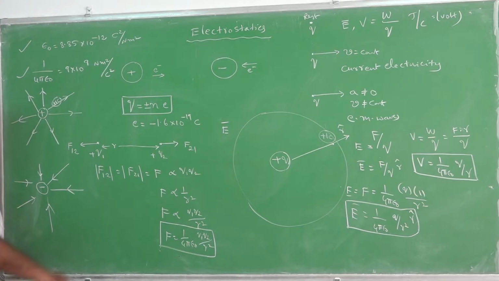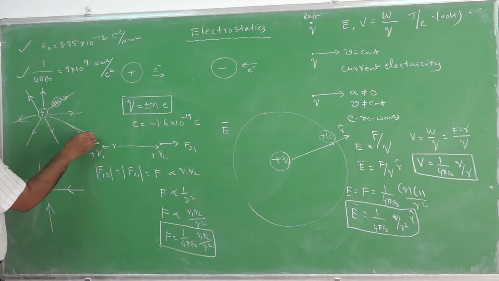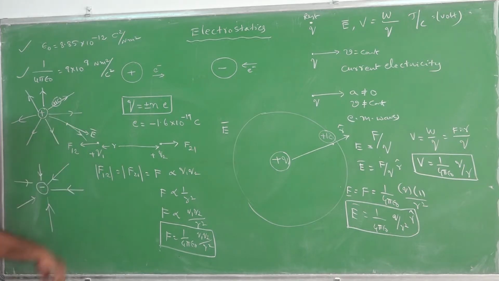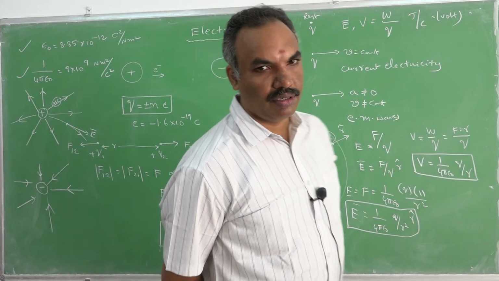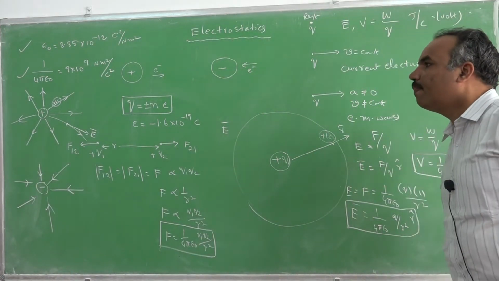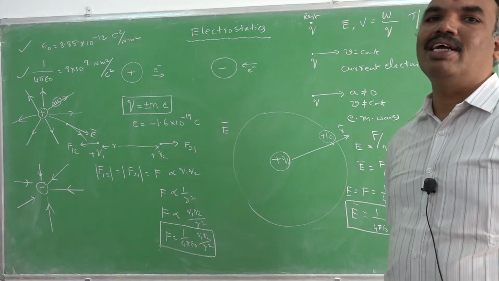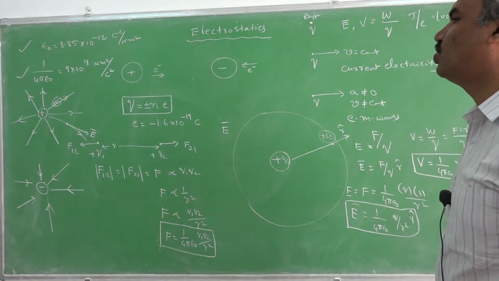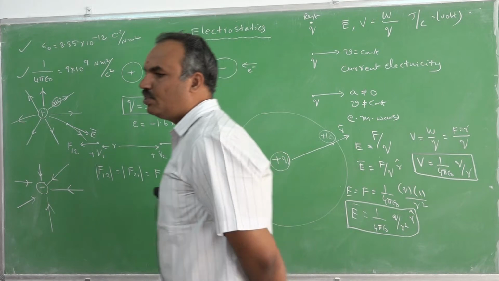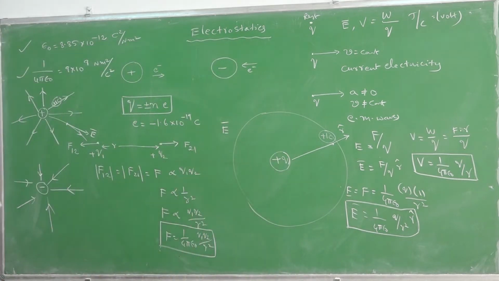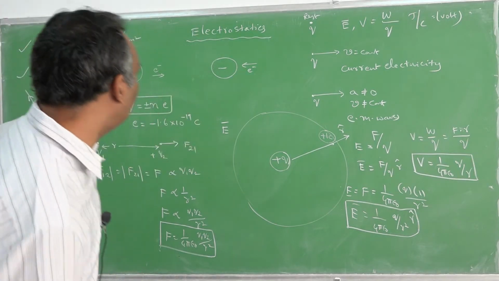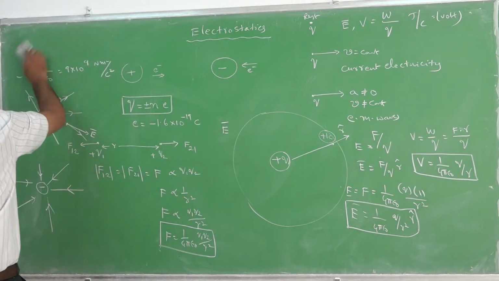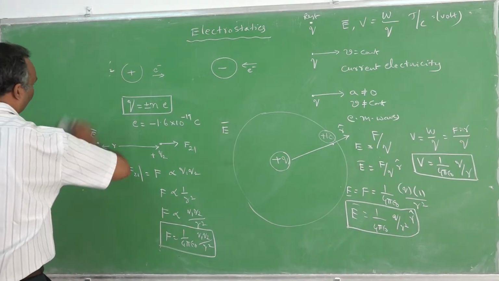Always remember that when a line of force is going like this from a positive charge, the tangent drawn to it at that point gives the direction of the electric field at that point. So, in order to avoid the intersection of two lines of force, like charges repel each other, and unlike charges attract each other. This is the discussion to be remembered before going into the exact concept of the lesson.